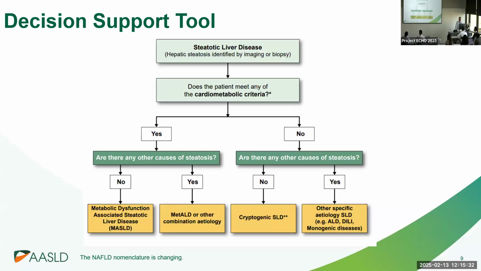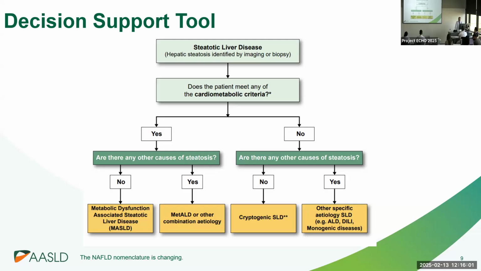So how can we make the diagnosis of NASH? First we have some kind of imaging or biopsy showing fatty accumulation, steatotic liver disease, and then we ask about the cardiometabolic risk factors. If there are cardiometabolic risk factors, then we ask if there is any other cause for steatosis.